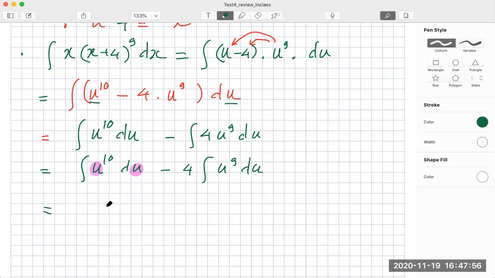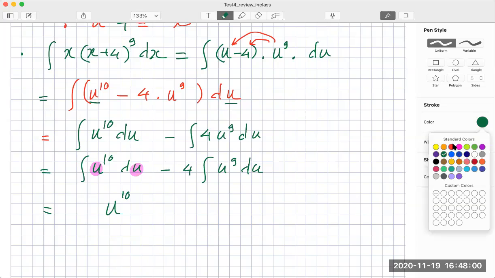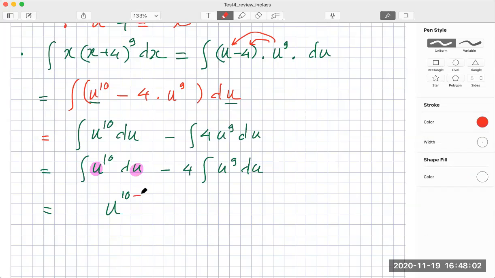Antiderivative of this will be u to the 10, but now we add 1, right? Remember, we need to divide by the same amount, 10 plus 1 here, because when we take the derivative, we subtract 1.